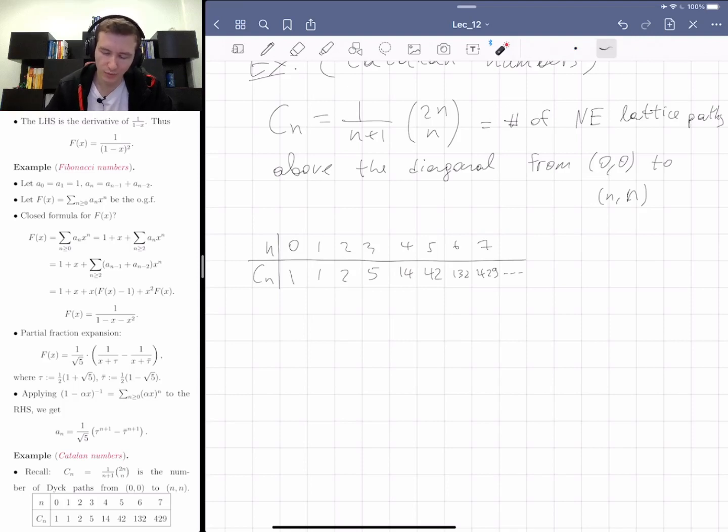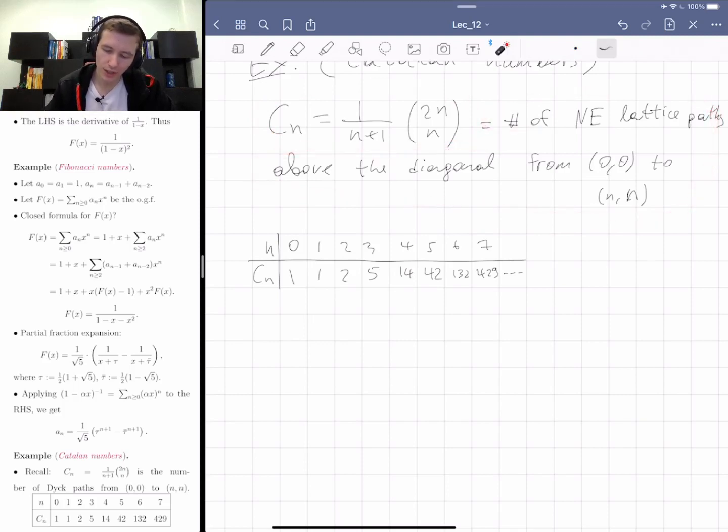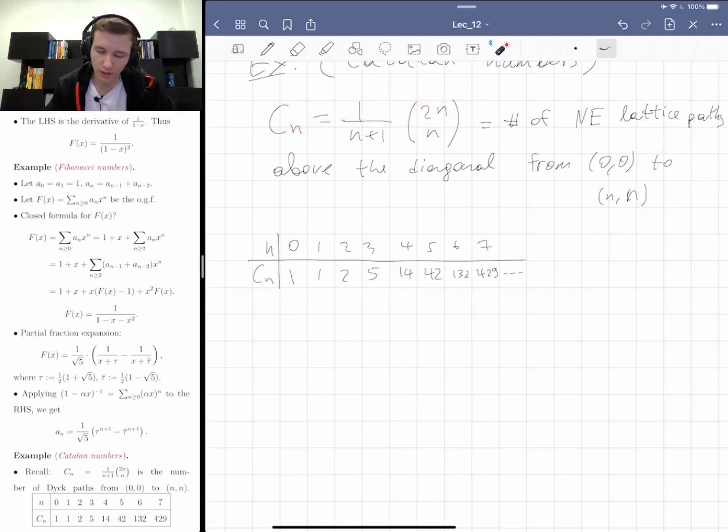So what can we do? We already have a nice formula here, and we have this interpretation here. What I'm going to try to do right now is forget this formula, and instead use the lattice path interpretation to deduce the formula without any bijections, just using generating functions.